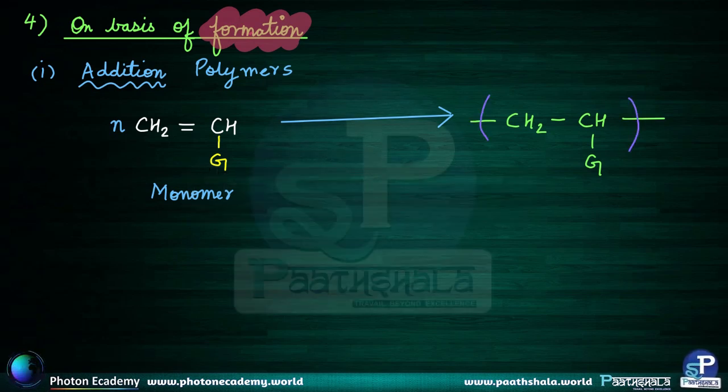So we have got n units of this polymer over here. As we can decipher, when we keep on adding this particular monomer to itself again and again, we get the certain polymer that we are looking at.